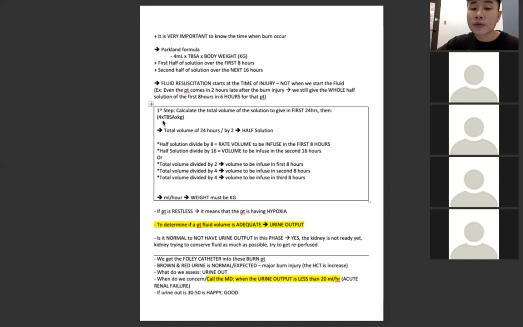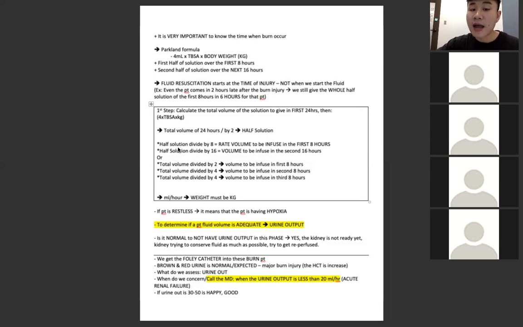So we use 4 times TBSA times kilogram. That will give us the total volume for 24 hours. And in order to know half of the total volume, we divide it by 2, then we get half of the solution.